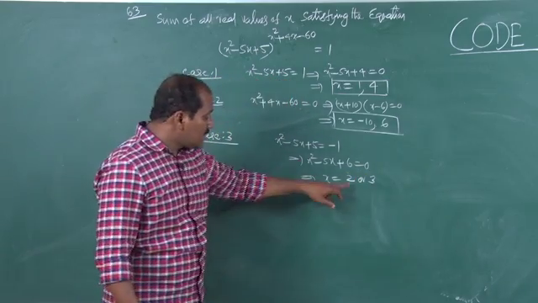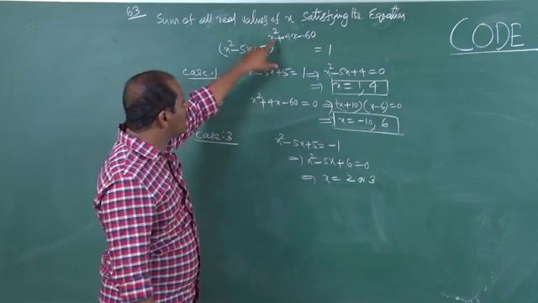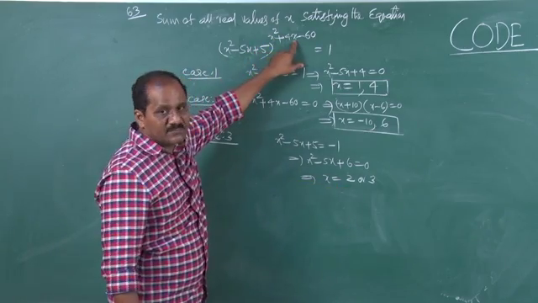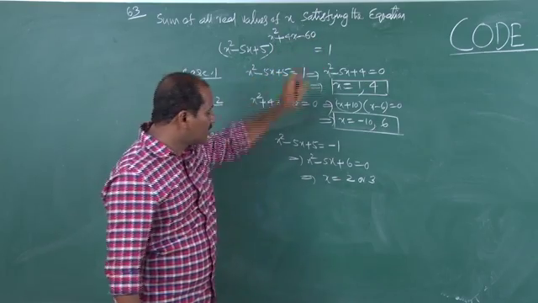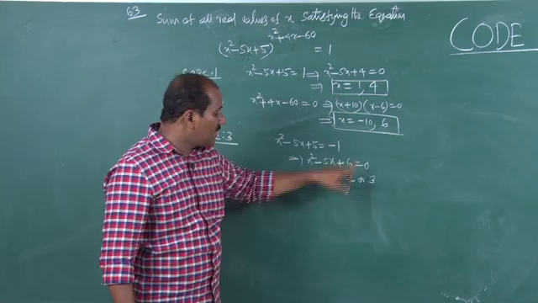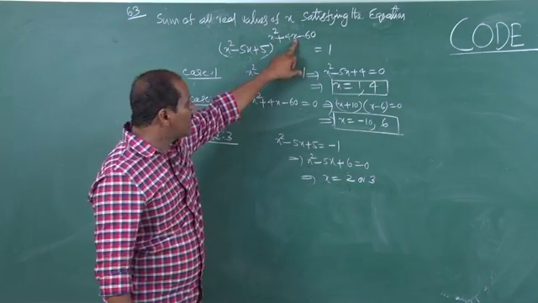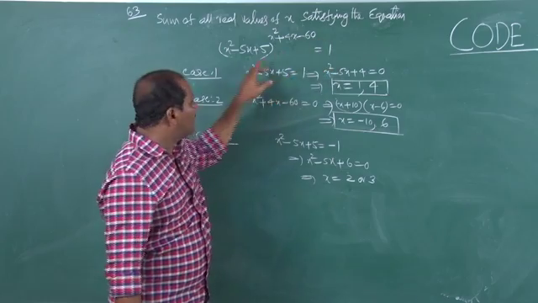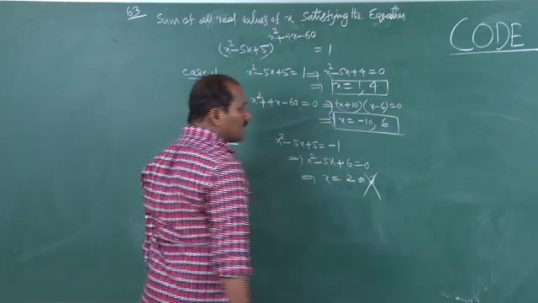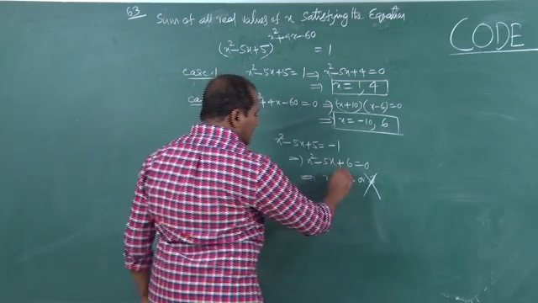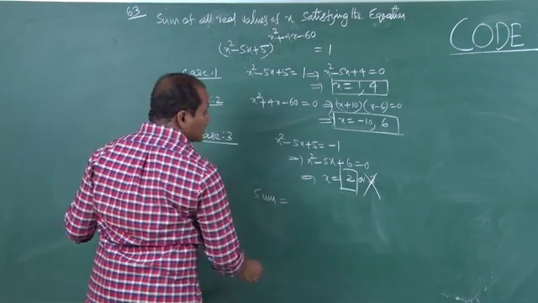Once again, when x is equal to 2, base is -1, and when you put x equal to 2 in the power, 4 + 8 = 12, 12 - 60 is totally even. So x = 2 is accepted. But when x is equal to 3, 9 + 12 = 21, minus 60 is odd, and (-1) whole power odd is -1, so do not consider x = 3.